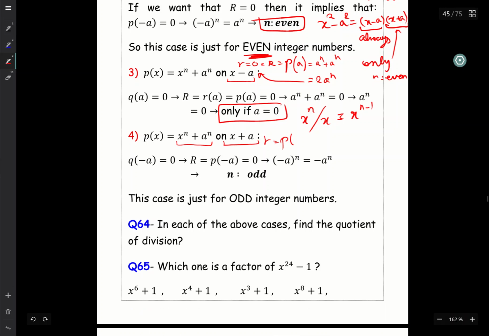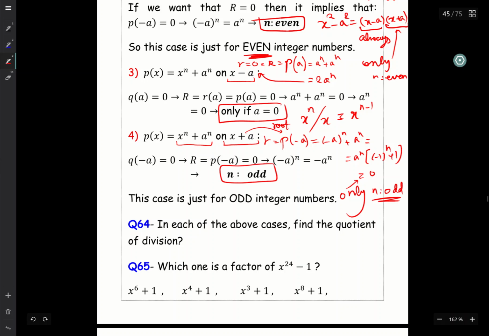Evaluate p at the root, which is minus a. And it is (-a)^n plus a^n, which is (-1)^n a^n plus a^n. And this is only 0 if n is an odd integer.